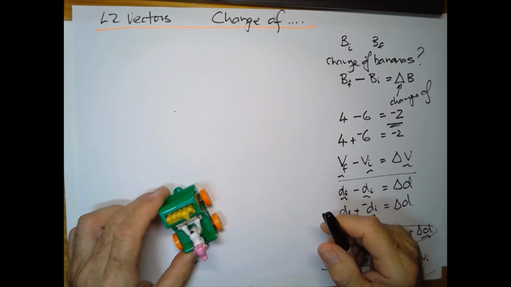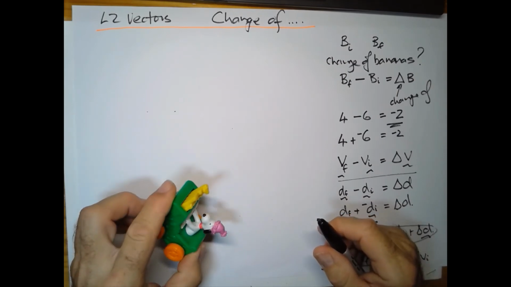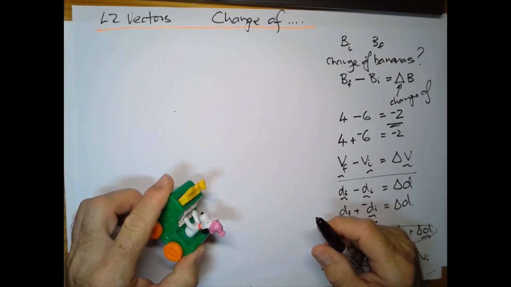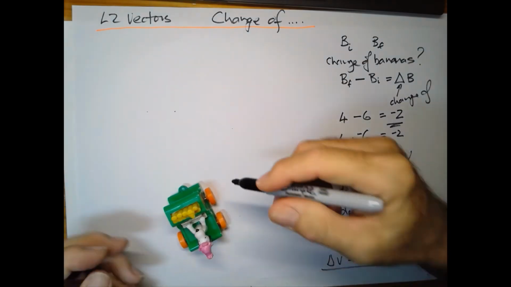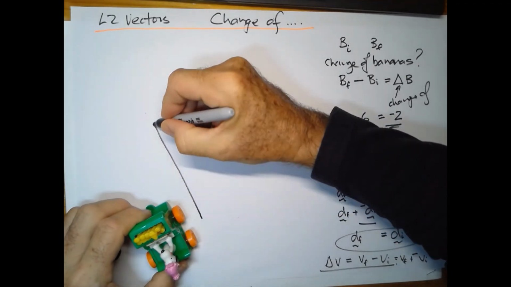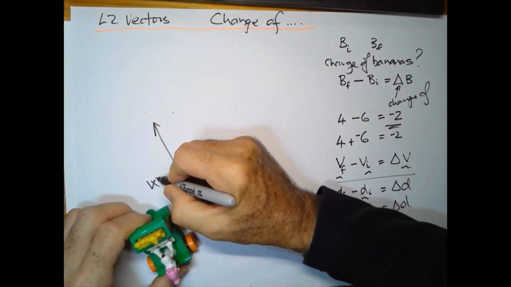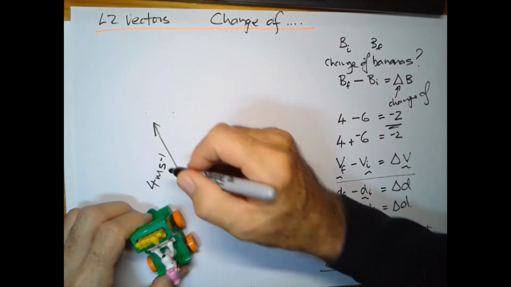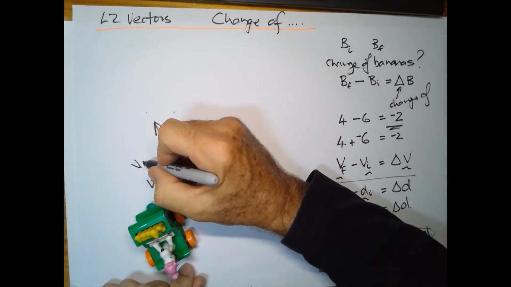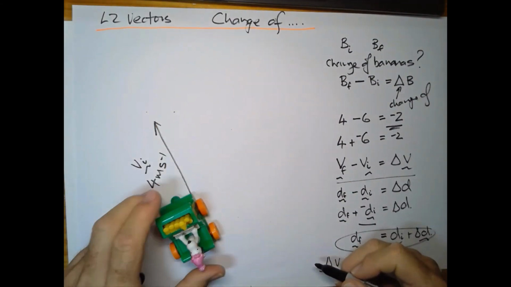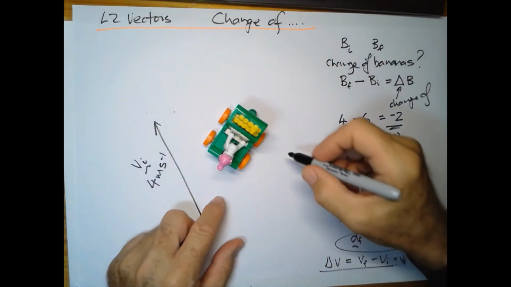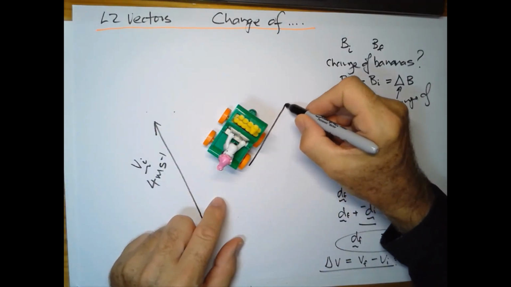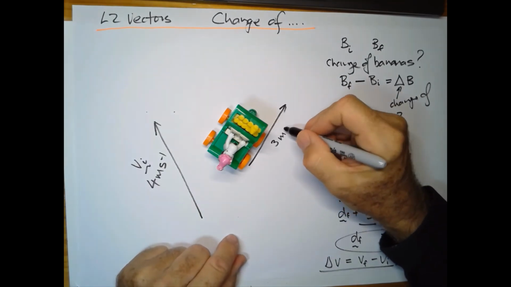Here it is, we've got our little motor car. It's got Snoopy and Woodstock in it, and initially it's travelling at a velocity of 4 meters per second. That's our initial velocity, and a little while later it's travelling in this direction at 3 meters per second.